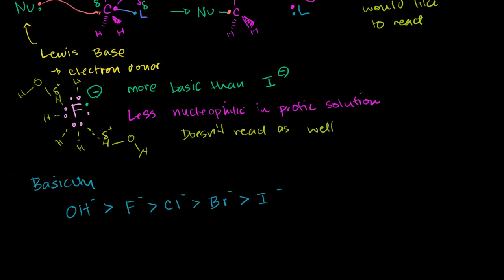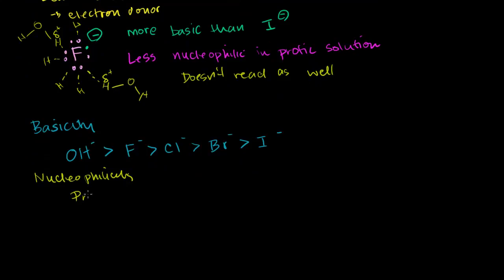Now, if you were to look at nucleophilicity, just to see the difference, we saw that it actually matters what the solvent is, because the solvent will affect how good something is at reacting. So for nucleophilicity, there's a difference between a protic solvent and an aprotic solvent.